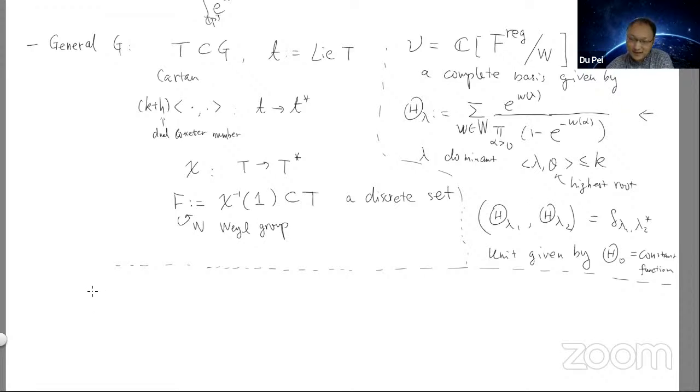And this tells us that we can easily diagonalize the fusion rule by using just delta functions.